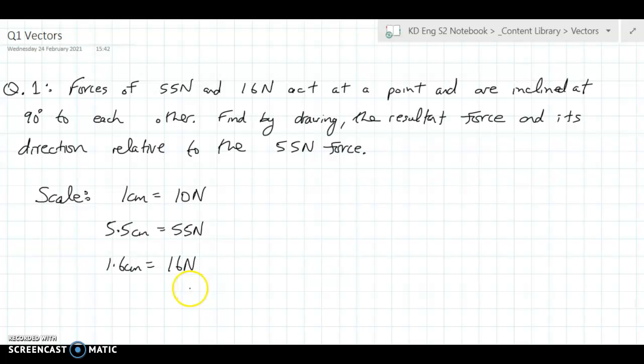So you would have a ruler, a piece of paper, and graph paper is best. I'm going to say that each of these two blocks is 1 centimeter, 2, 3, 4, 5, and a half.